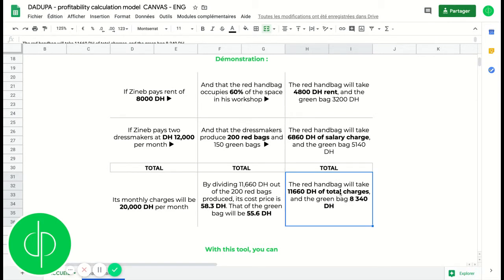So when you divide the 11,000 of charges of the red handbag by the 200 red bag products, it will make 58 dirhams the cost of each red bag, and 55 dirhams the cost of the green bag. So that's it.